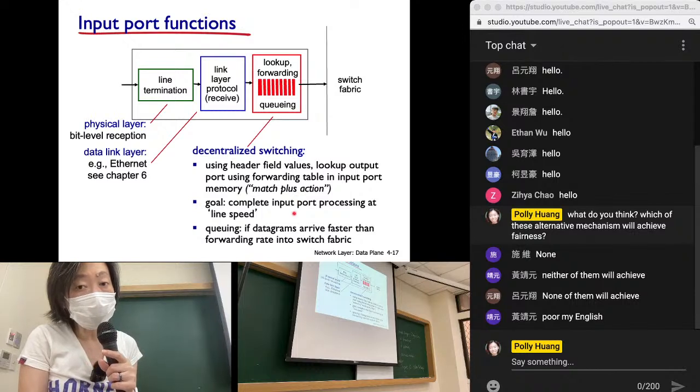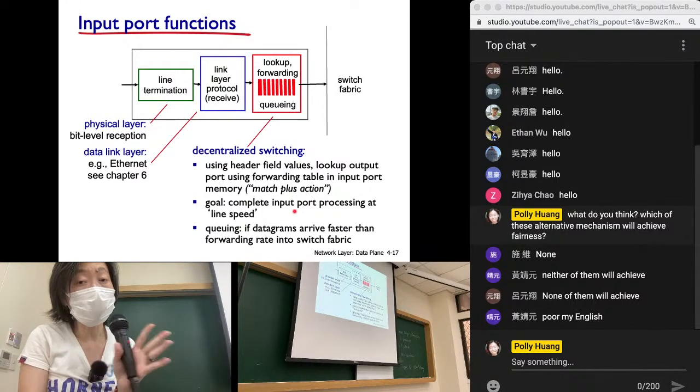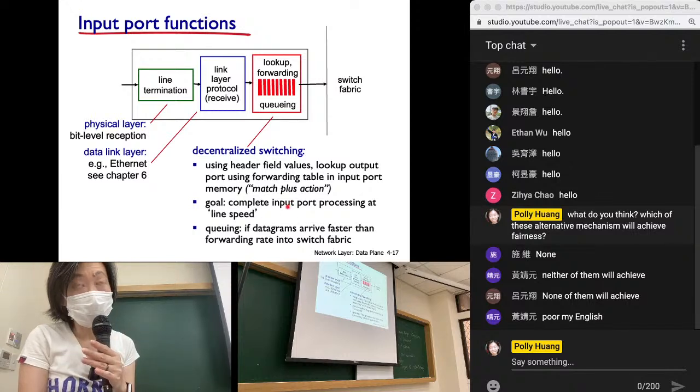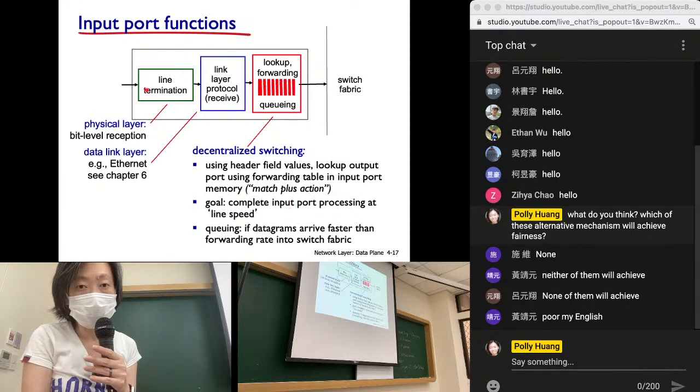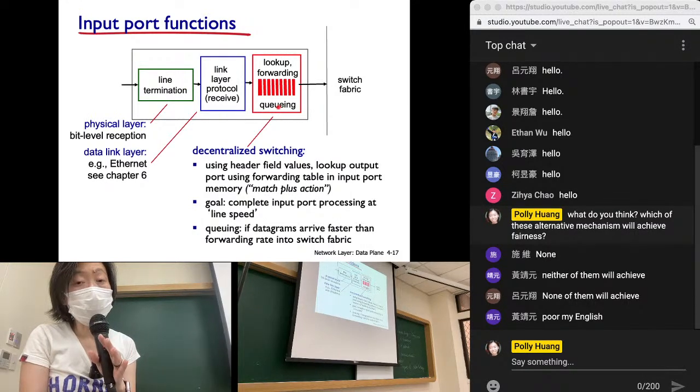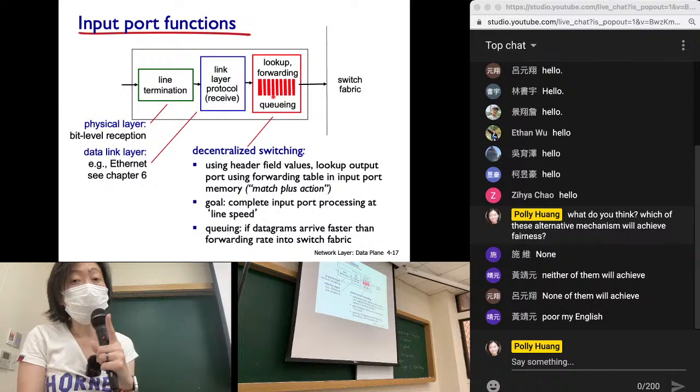So the goal here, a little bit tricky, is to complete the matching in the line speed. By line speed, I actually meant here, this line here. If the lookup process here is slow and this is fast, what's going to happen is some of these packets will need to wait in the queue for the matching to complete.